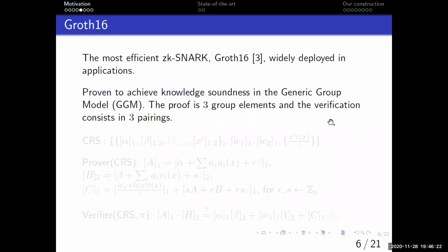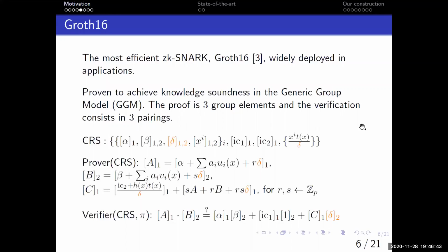Now we focus on the most efficient SNARK, which was presented by Groth 4 years ago, and it's widely deployed because of its efficiency. The proof is just 3 group elements, and the verification consists of 3 pairings. However, its knowledge soundness is proven in the generic group model.